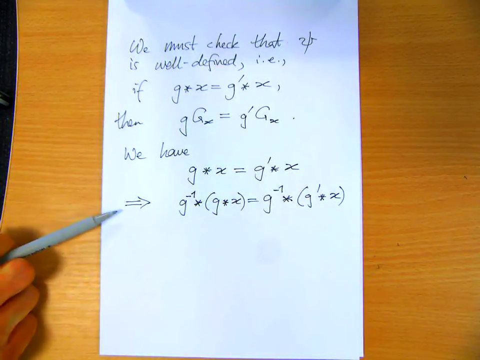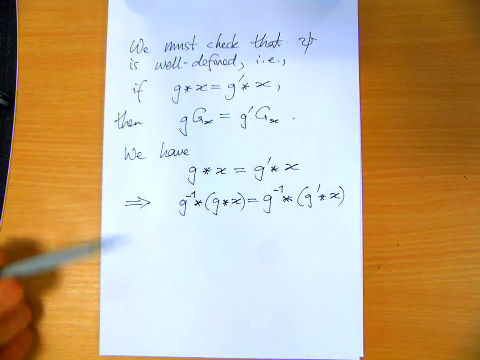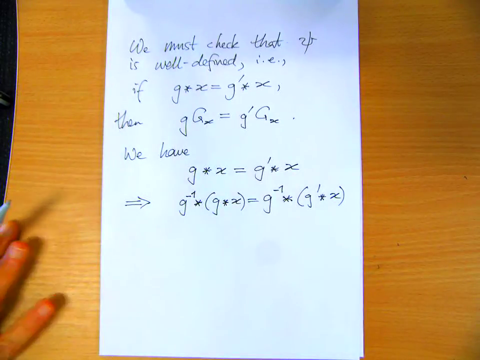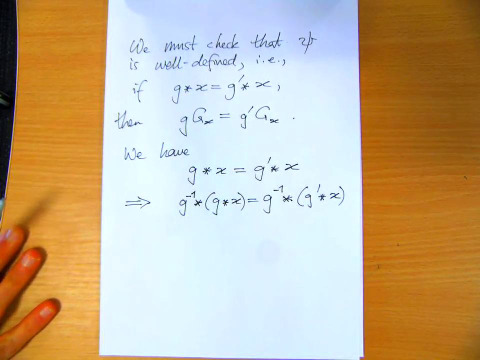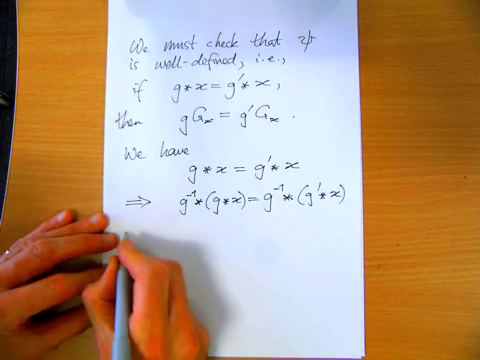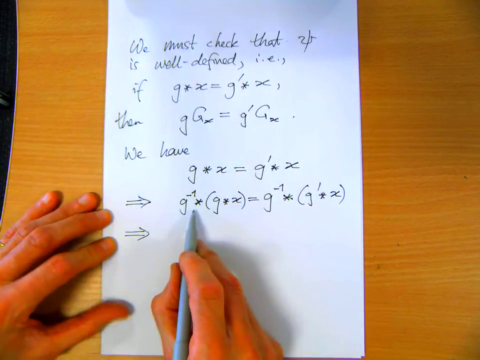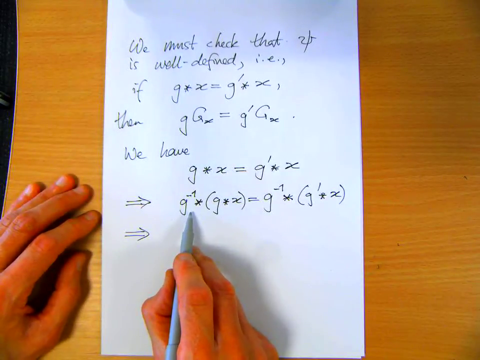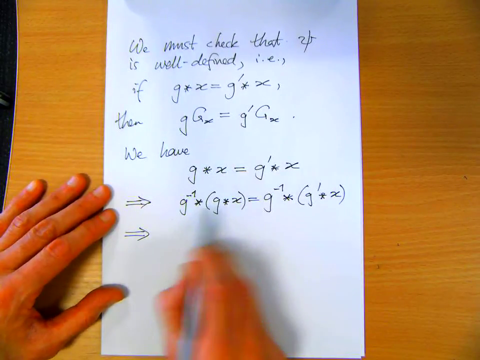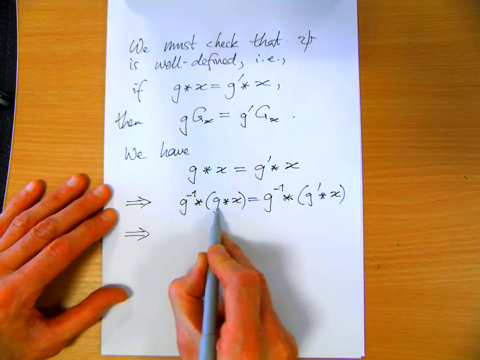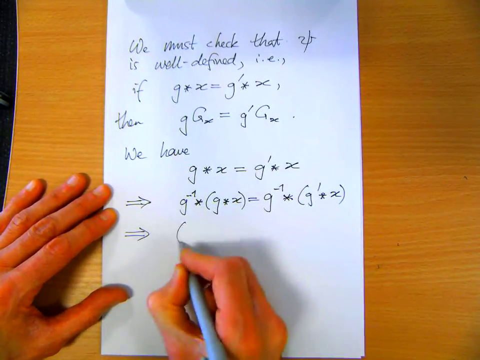In fact, these implications are actually all going to be if and only ifs. And I will need the opposite direction a little bit later on, but I'll just keep the implications going in one direction just to keep it a bit simpler. Right, we're now going to use the fact that star is an action, so when I do something star something star something, I can put the two group elements together.